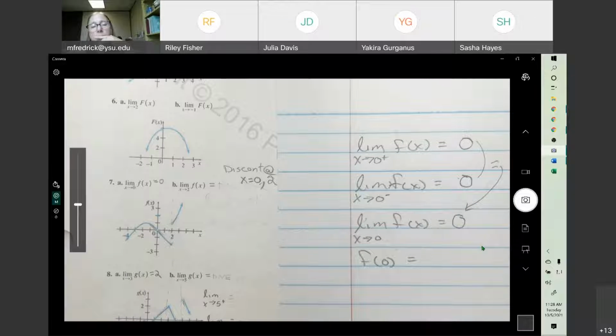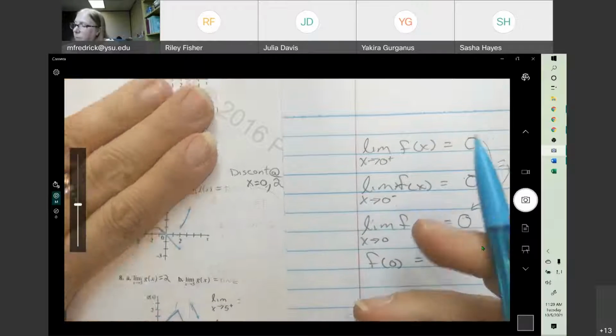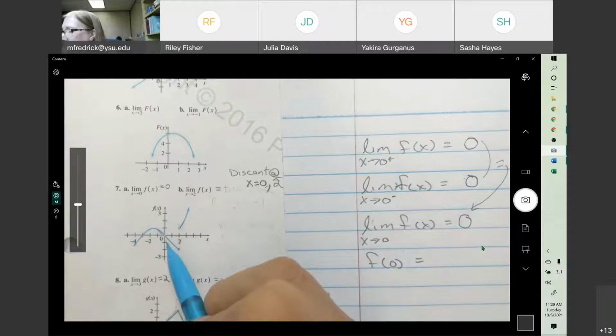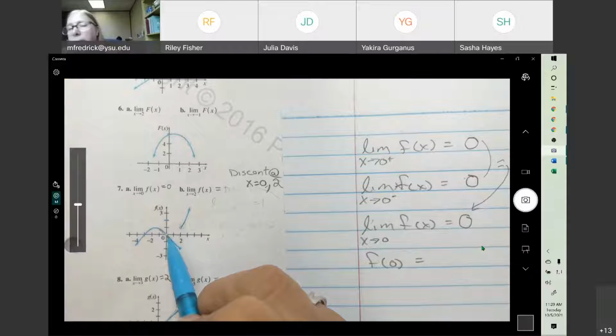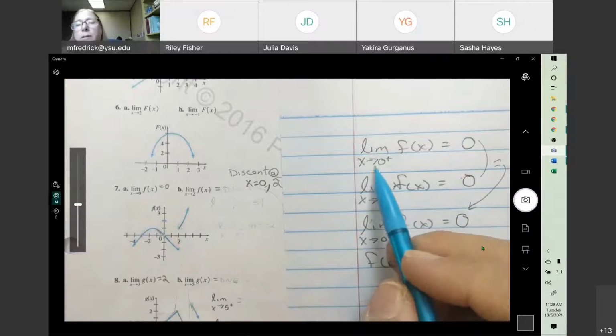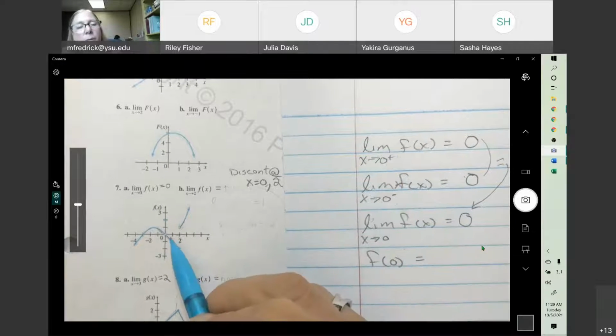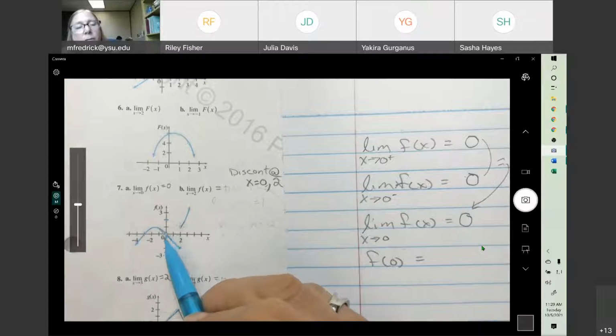How do you know that the positive and negative ones are 0? So what you want to do, this positive one, you want to see where it's coming in at the y value. So as I'm tracing my graph, as I get close to x being 0, the y is also 0.